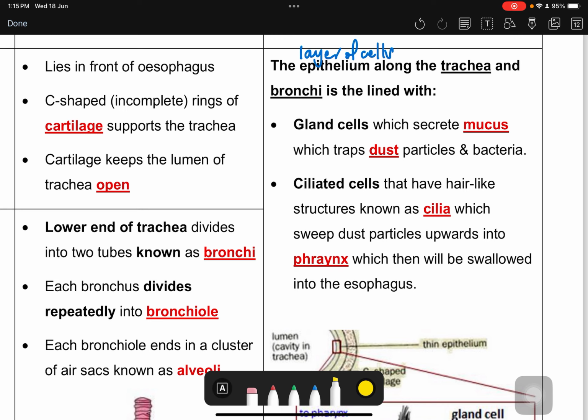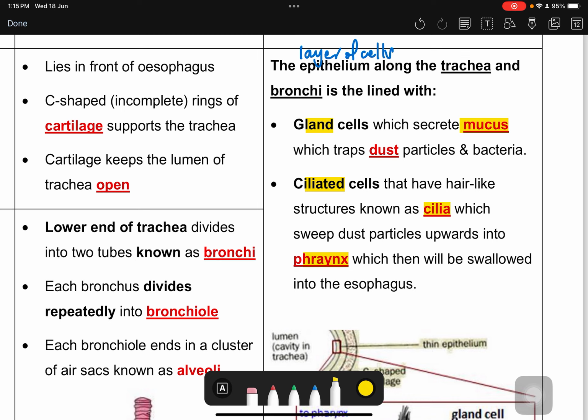The first is gland cells, and the second is ciliated cells. The gland cells focus on producing mucus, while the ciliated cells have hair-like structures known as cilia that will act as a broom to sweep the dust particles upwards into your pharynx.